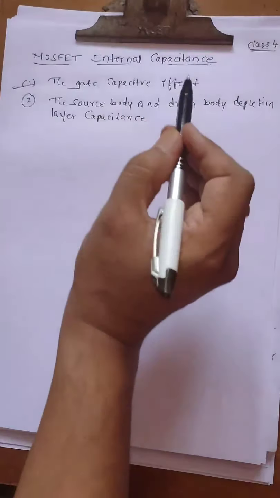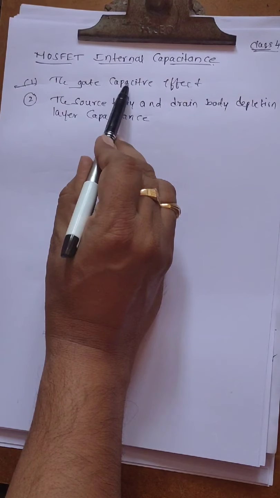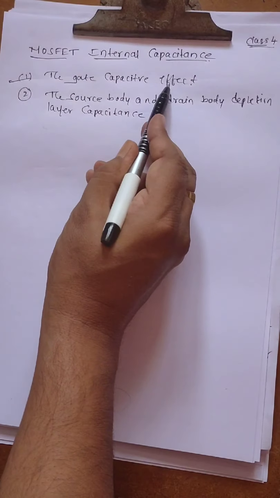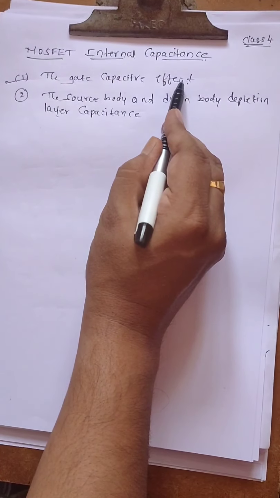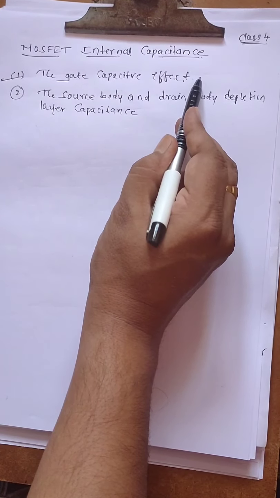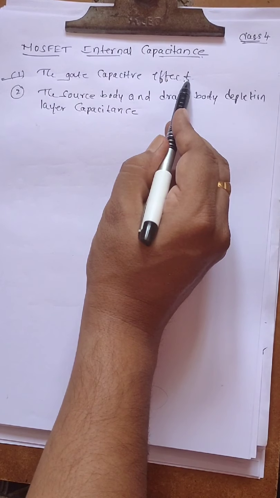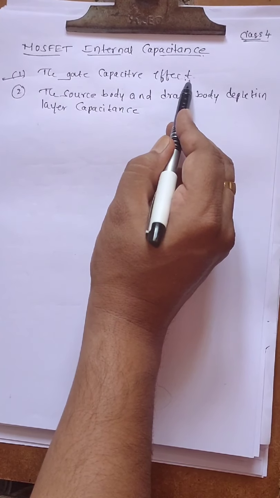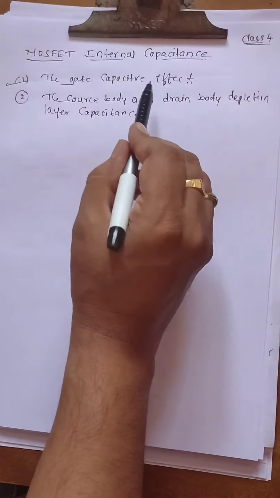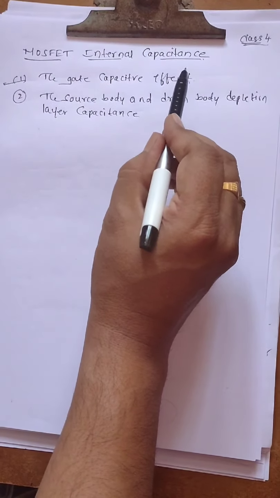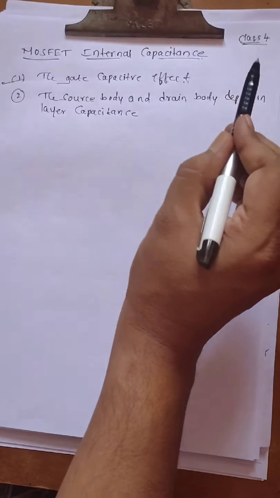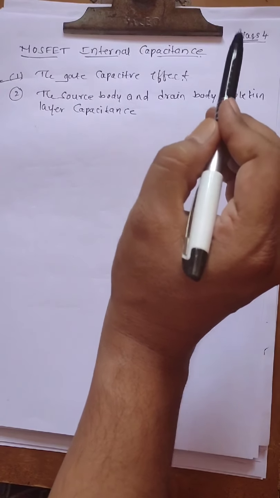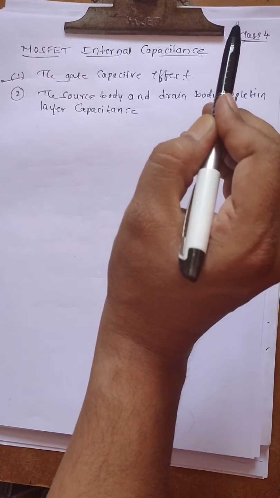When we study the gate capacitive effect, the gate electrode, usually polysilicon, forms a parallel plate capacitor with the channel, and the oxide layer serves as the capacitor dielectric medium.